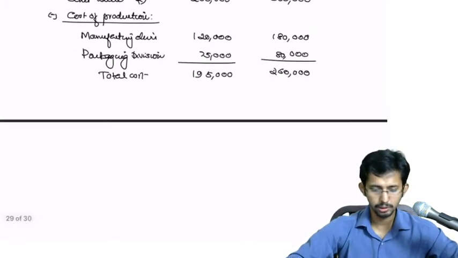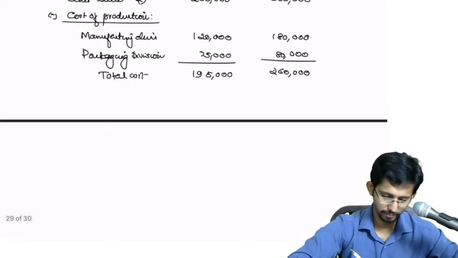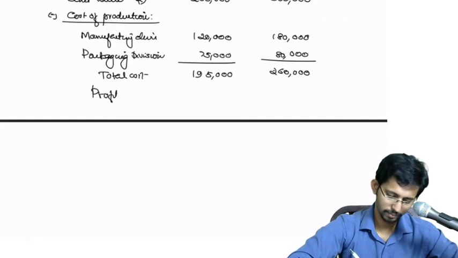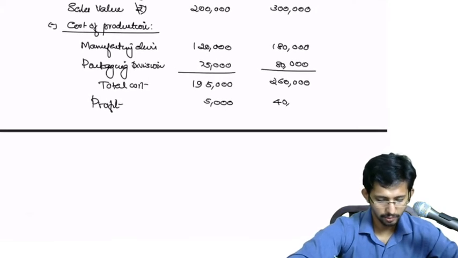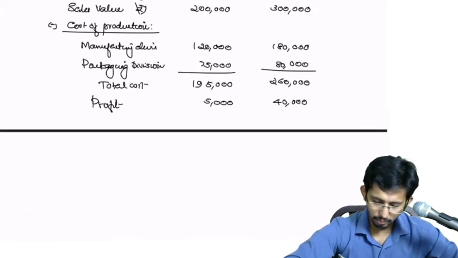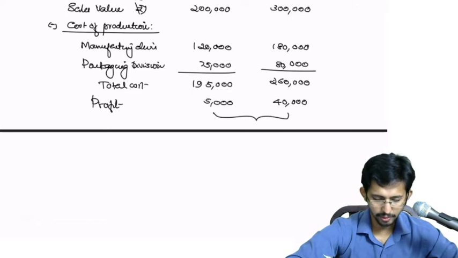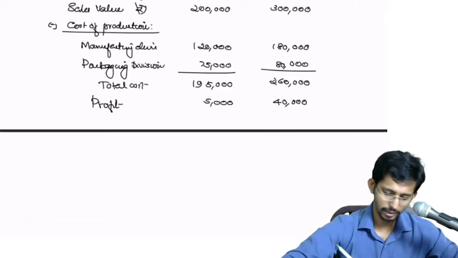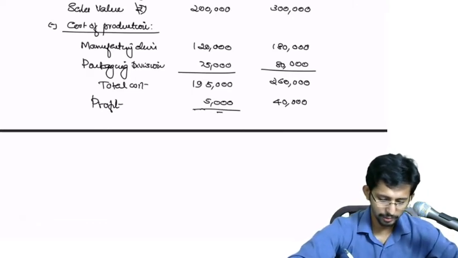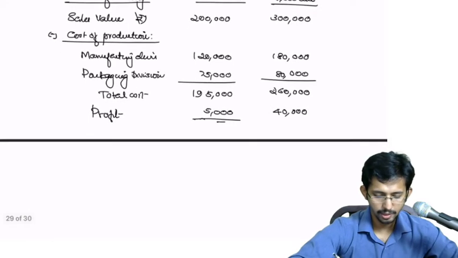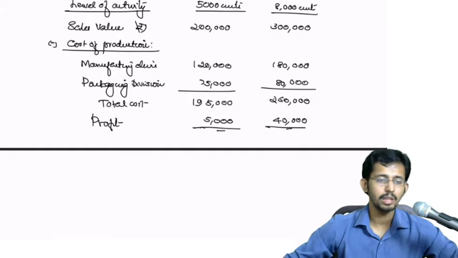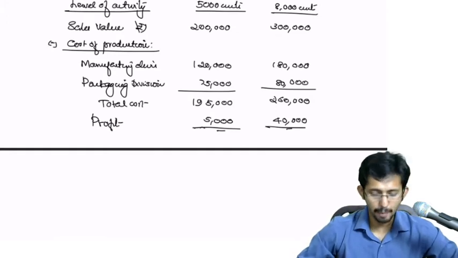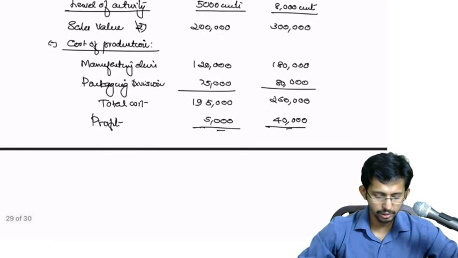Therefore, what about the profit? Profit will be 5,000 here and 40,000 here. The total profit is 5,000 if the volume is 5,000 units, and when the volume increases to 8,000 units, it will be 40,000. Now what you have to do, this has to be apportioned between both the divisions.